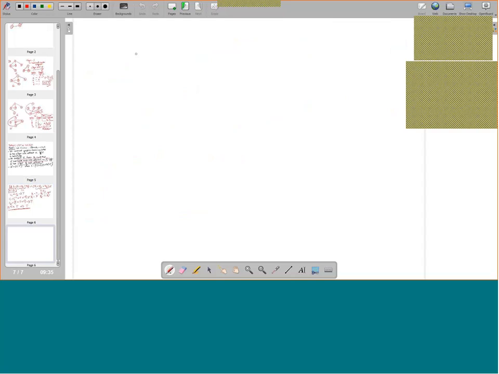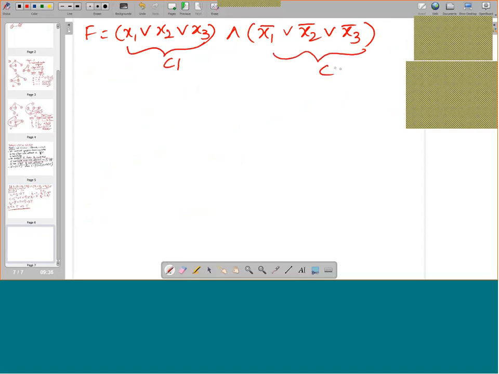F equal to (x1 or x2 or x3) and (x1 bar or x2 bar or x3 bar). Here it contains two clauses. The first clause contains three literals, that's why on the left side I am putting three dots.